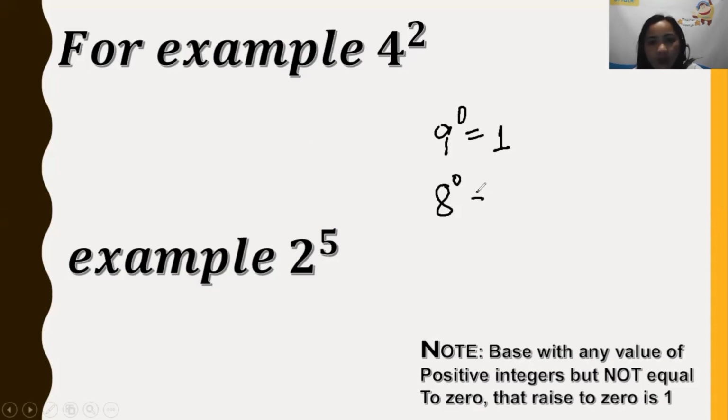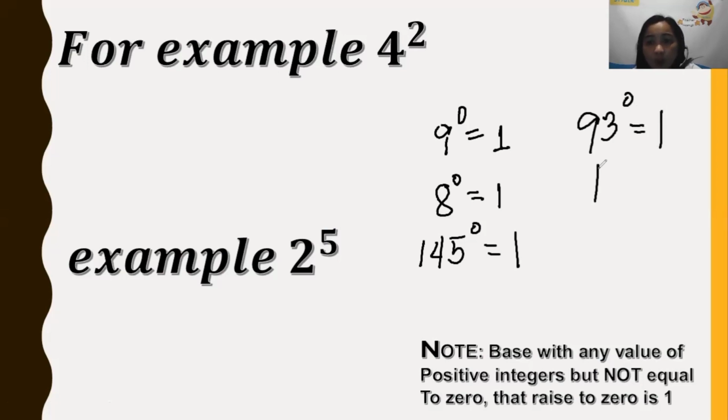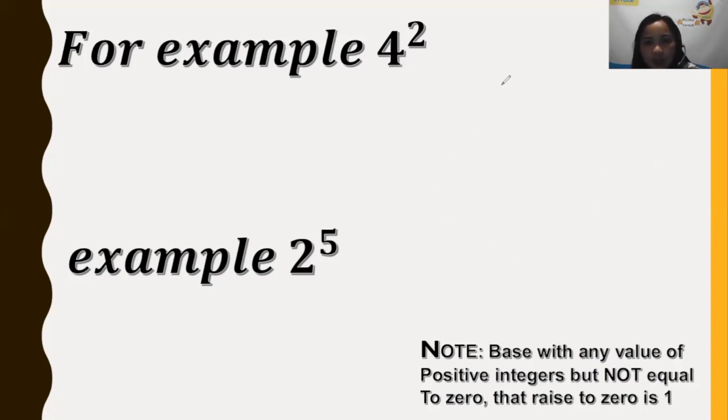Example 8 raised to 0 is 1. 145 raised to 0 is also 1. Or we have 93 raised to 0 is 1. 1 raised to 0 is 1. So any non-zero digit that is raised to 0 is equivalent to 1, except for 0. Sabi dito, but not equal to 0. All right. Now let's proceed to the next slide.